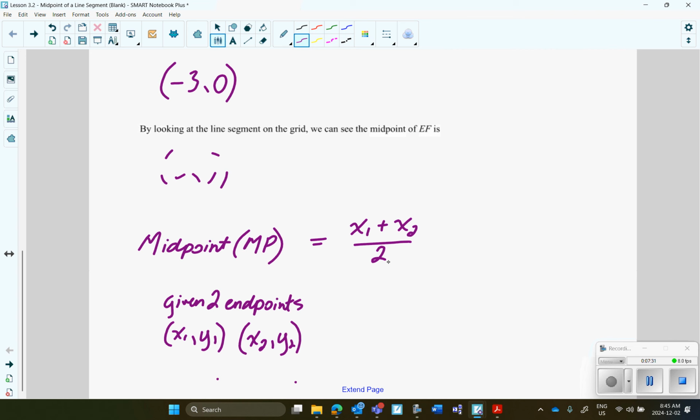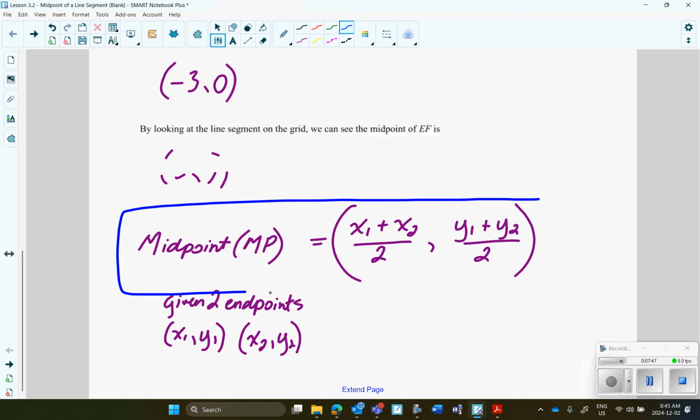I can find the midpoint of the y's by adding the y's together, dividing by 2. And remember, that's a coordinate, so I want to put a comma between them and parentheses around. That is the formula for midpoint.